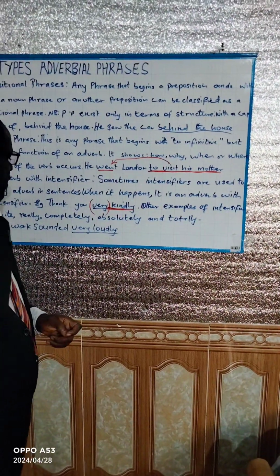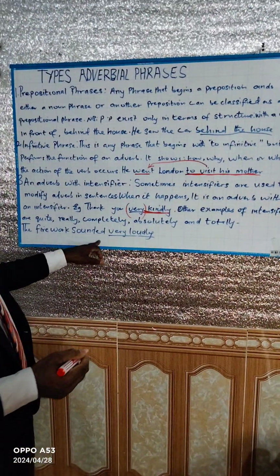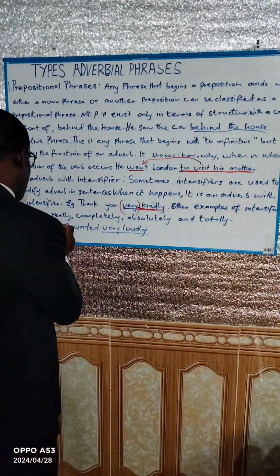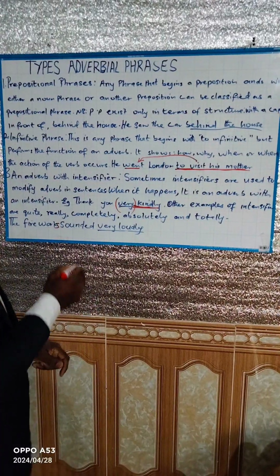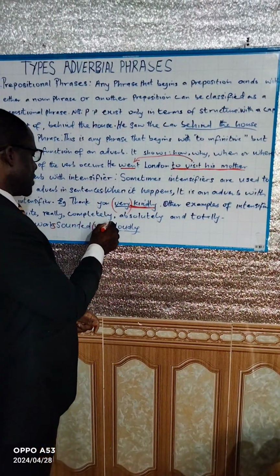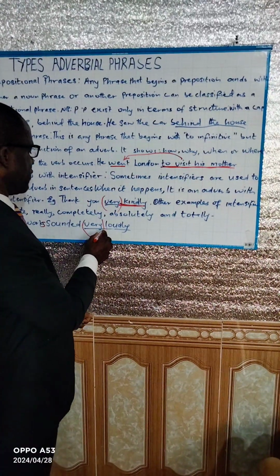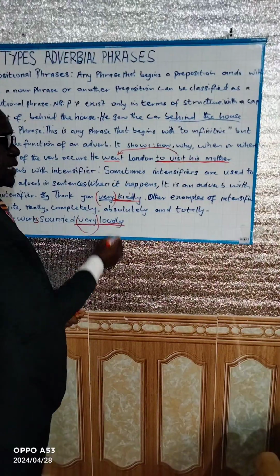Now, let's take the very final example here. The fireworks sounded very loudly. Again, very is an intensifier, and it is assisting the adverb loudly. Two of them together is an adverb phrase.